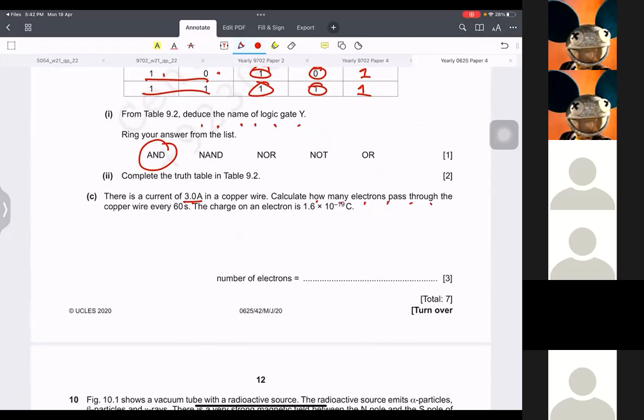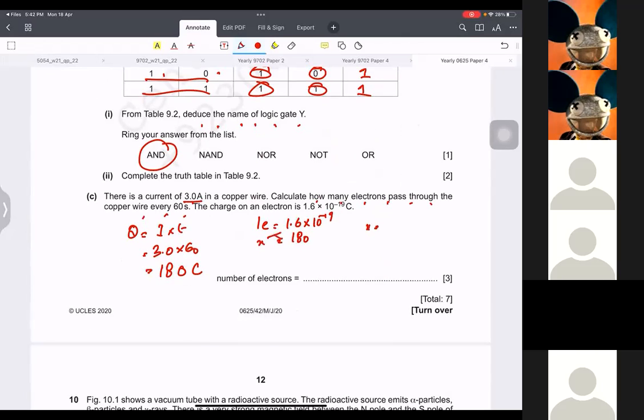Calculate how many electrons pass through the wire in 30 seconds. First of all, we'll find the charge: 3 times 30 is 90... 180 coulombs. One electron is 1.6 times 10 raised to minus 19. So in 180 coulombs, how many?